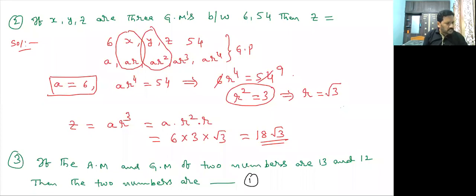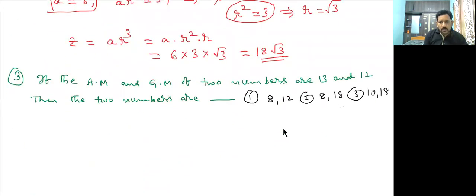First option is 8 comma 12. Second option 8 comma 18. Third option 10 comma 18. Then fourth option 12 comma 18.